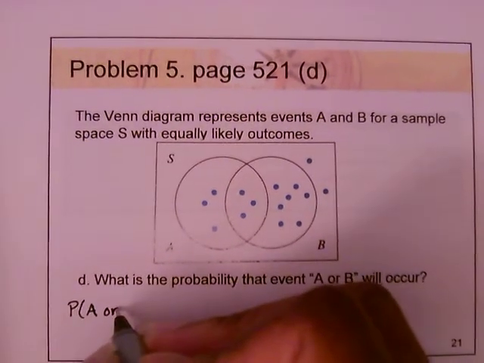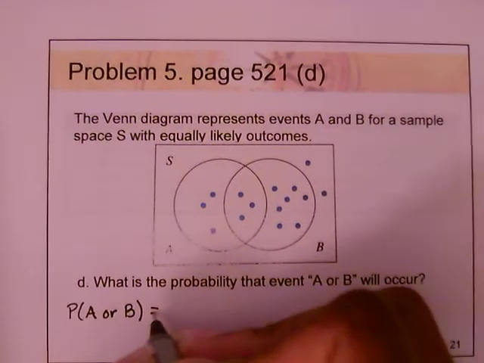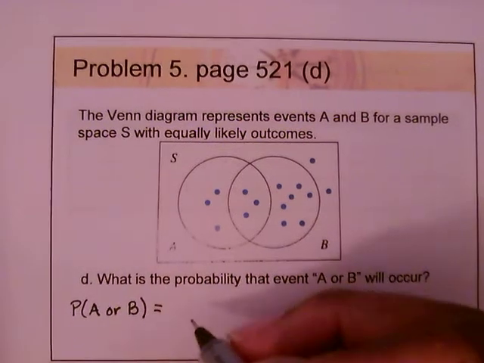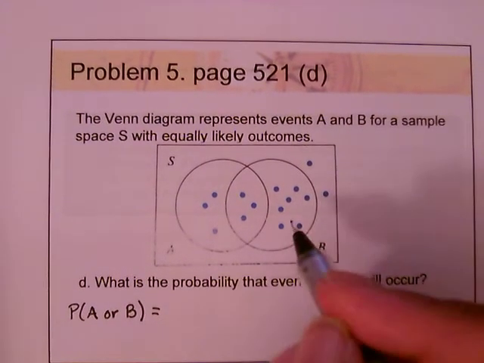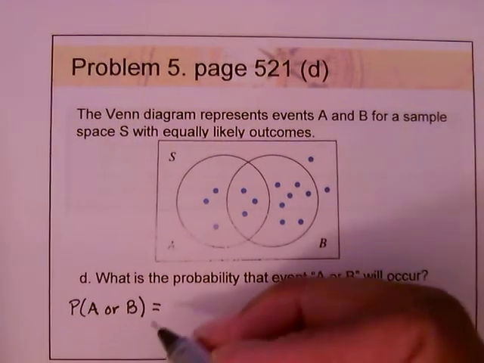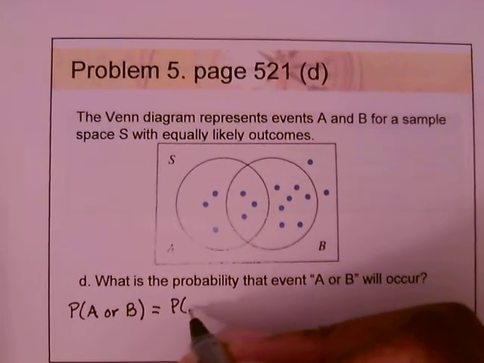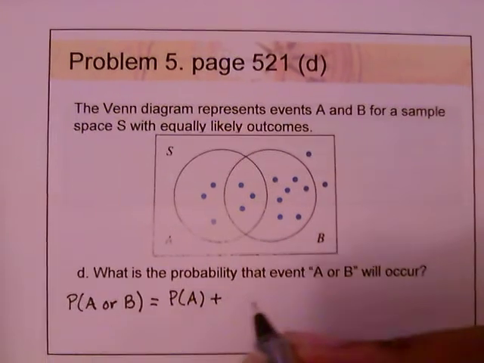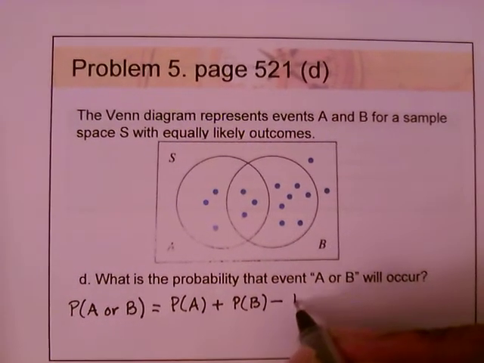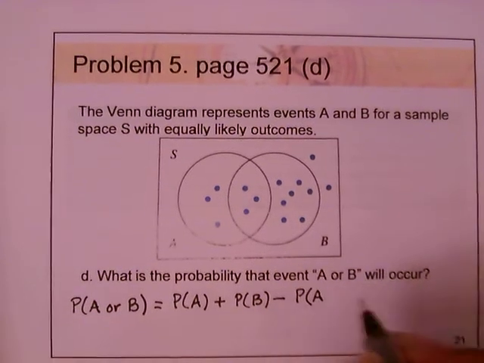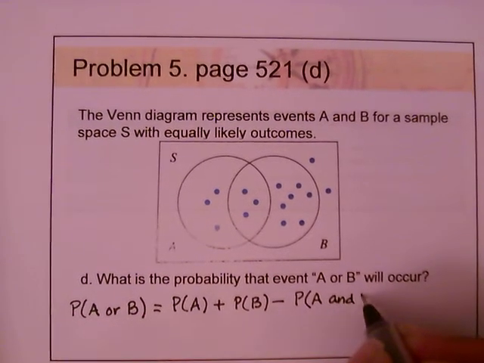So the probability of event A or B, I'm going to use that formula for non-mutually exclusive because there is an intersection, as you can see here. So I have to use this, the probability of event A plus the probability of event B minus the probability of event A and B occurring.